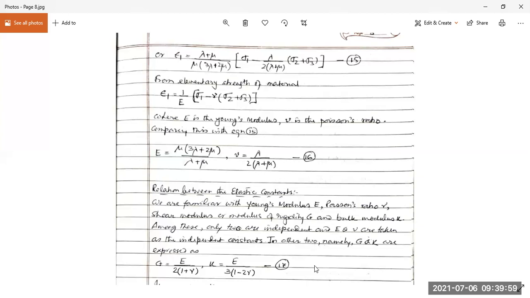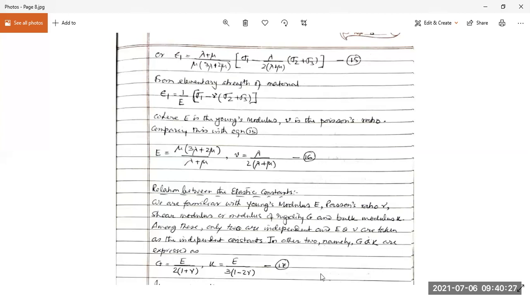Now let us find the relation between the elastic constants. We are familiar with the Young's modulus E and Poisson's ratio gamma. Young's modulus: stress is proportional to strain in the longitudinal direction, where the constant of proportionality is E, provided the stress is within the elastic limit. Same is the case for Poisson's ratio, lateral strain divided by longitudinal strain, when the strains are within the elastic limit.